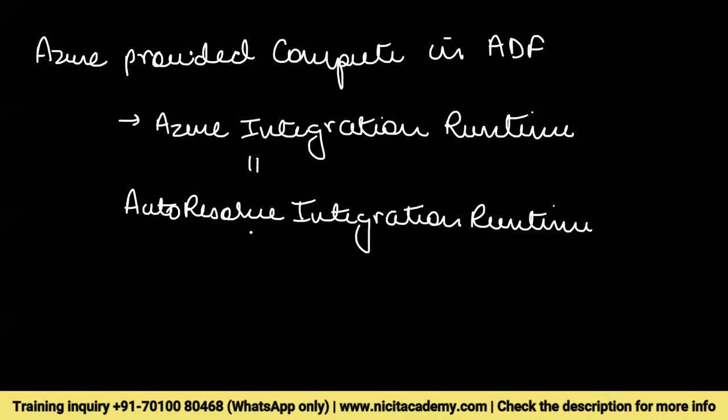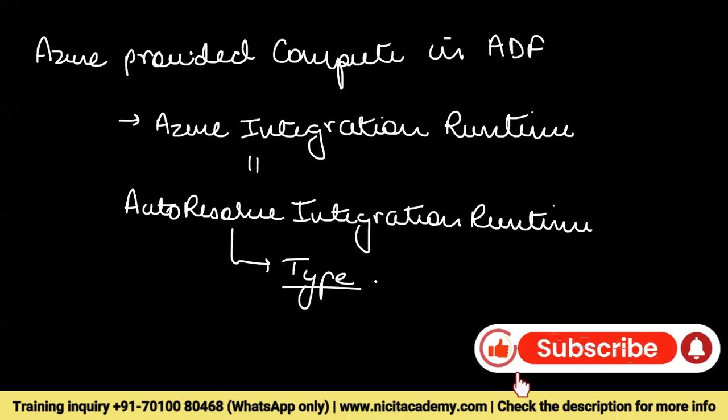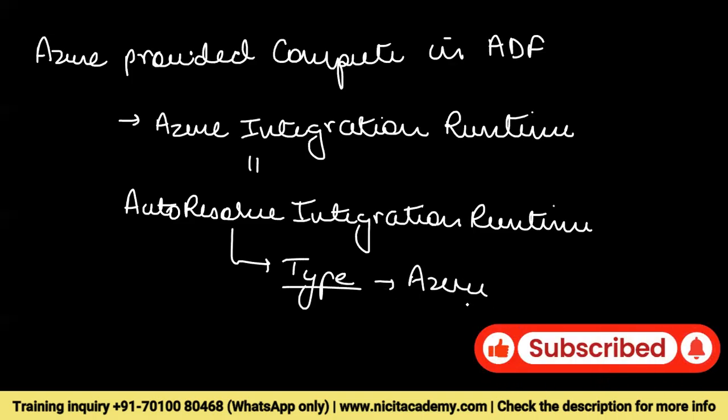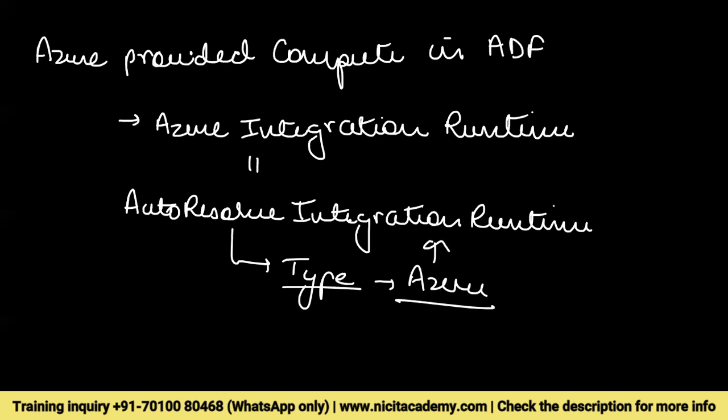This Auto Resolve Integration Runtime will have a type, and the type will always be Azure. Therefore, we also refer to it as Azure Integration Runtime. So the compute that Azure provides you by default for your data movement and data transformation is called Azure Integration Runtime. It's the name of that compute, right?